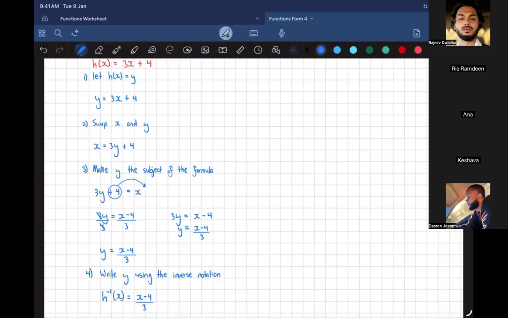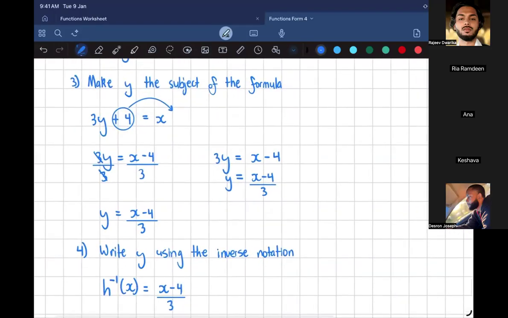You might still tell me a number between 1 and 10, but is it a low number? Nah, it's a bit of a high number. If you could explain that last part again, one more time. Which last part? Using y, write y using the inverse notation.